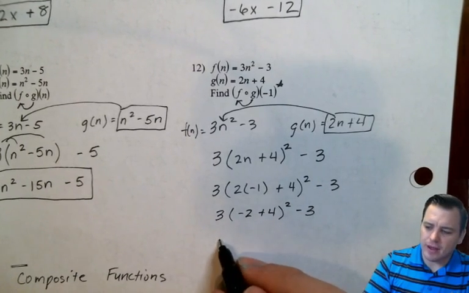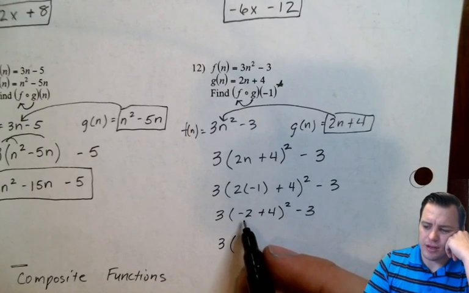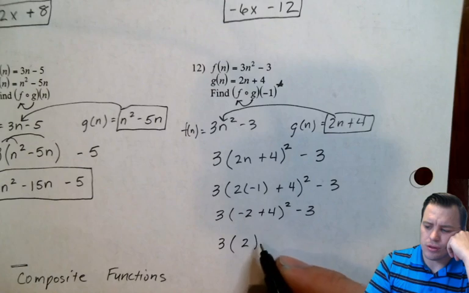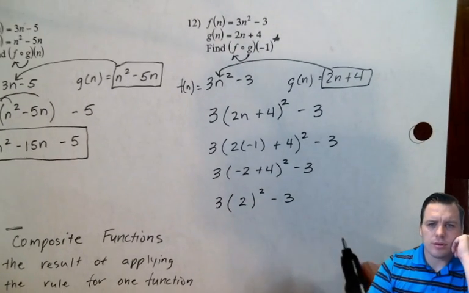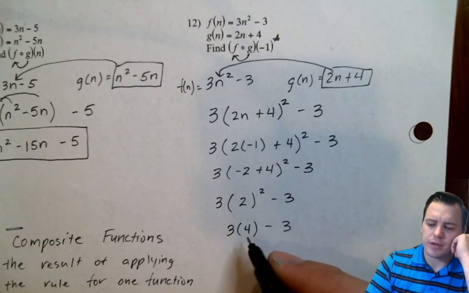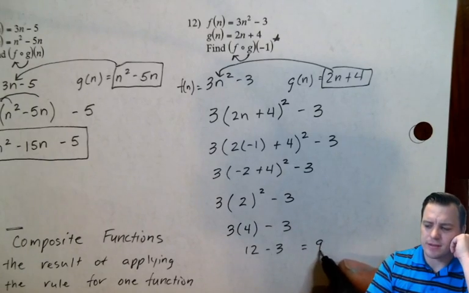Then from there we have 3, and negative 2 plus 4 would simply be 2, squared, minus 3. 2 squared is 4. 3 times 4 is 12. Make sure you use order of operations. And 12 minus 3 is 9.